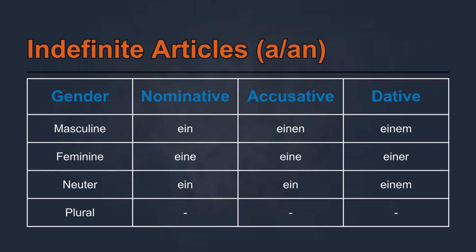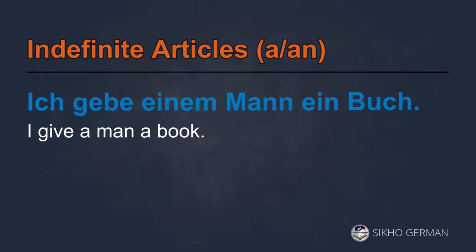Plural, no indefinite plural article in any case. Again, all indefinite articles change in dative. Ein becomes einem for masculine and neuter, and eine becomes einer for feminine. For example, ich gebe einem Mann ein Buch.